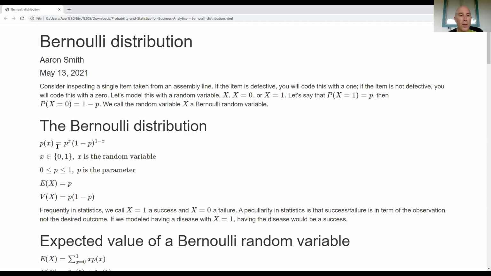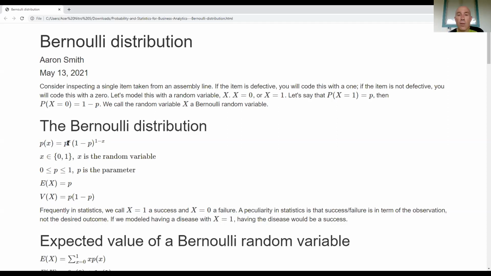For the probability of a 1, I put in 1 for x here and here. The exponent on 1 minus P becomes 0, and anything to the power of 0 is 1, so this whole part disappears. This just becomes P to the 1, which is just P. So the probability of 1 is P.